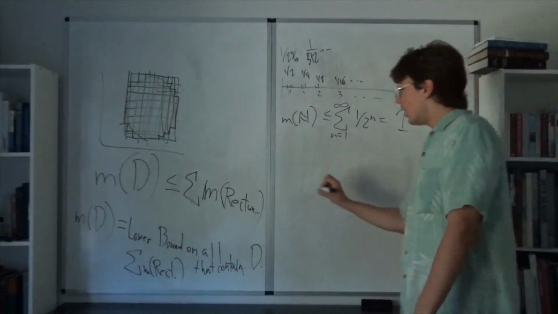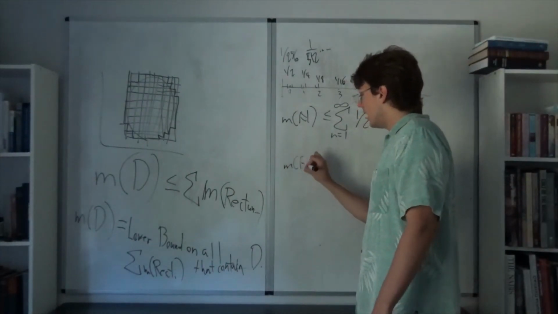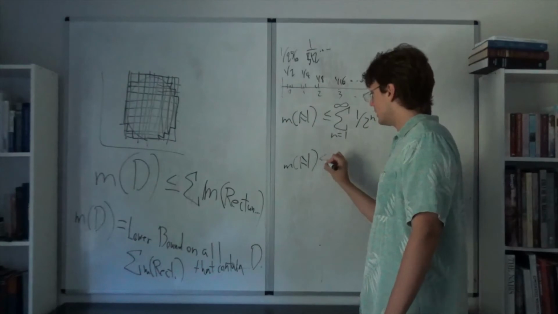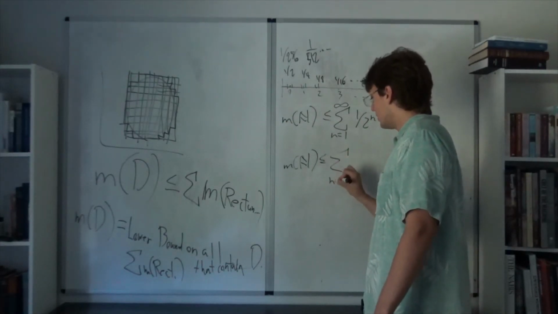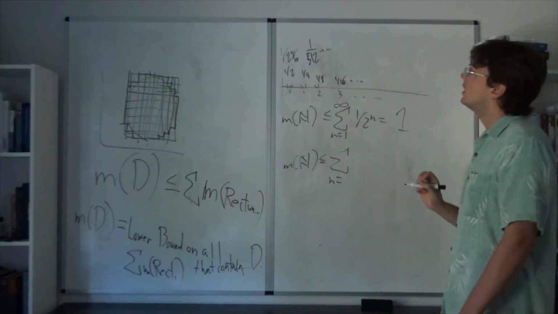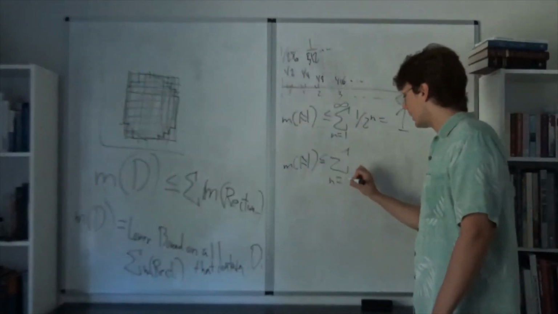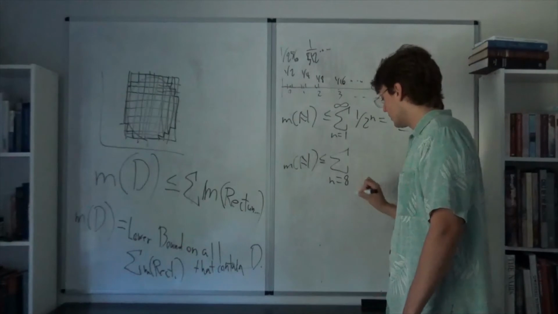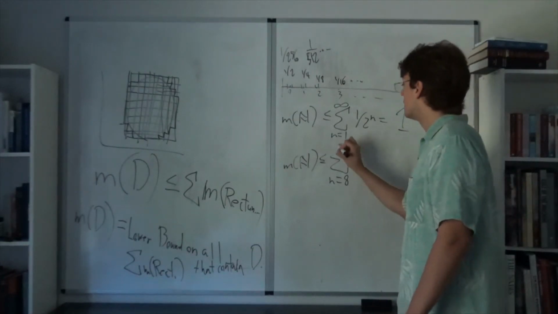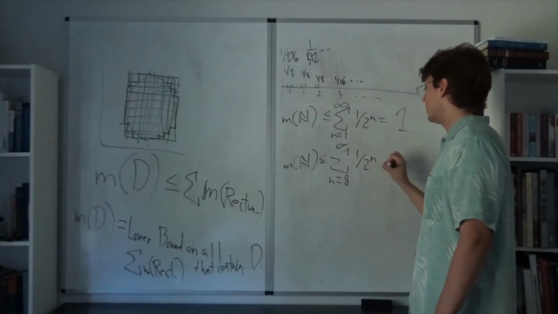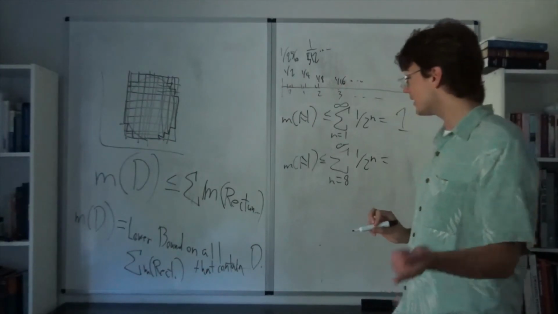And I could have found that the measure of the natural numbers is less than or equal to the same sum, except starting at, oh, I forget what that is. I think that's like 8 to the power of 8. Maybe 7, who knows? That guy in the comment knows.